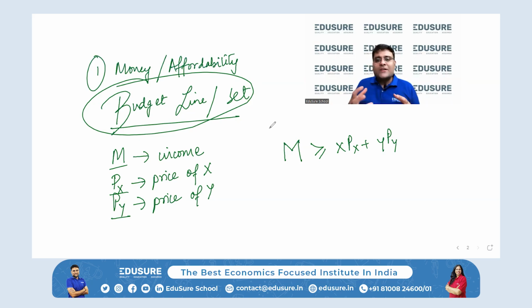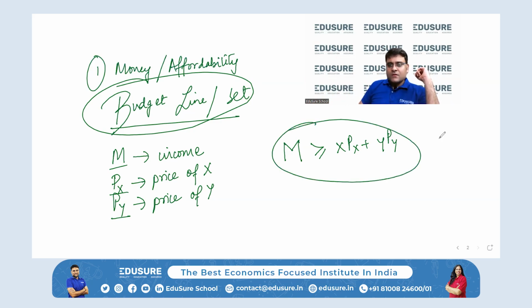There is no question of money being borrowed from somewhere and therefore increasing the affordability. It's a very simple model. So the money income that the consumer has in their hand, the expenditure cannot exceed that. Simple. And this gives us the budget set of the consumer.